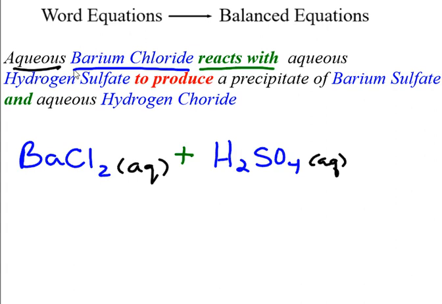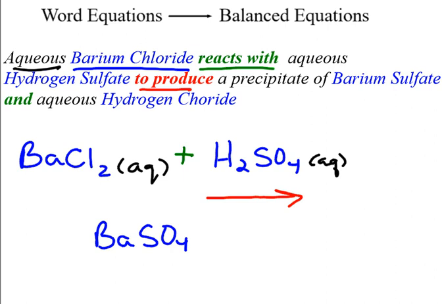It's reacting to produce. When we try to figure out what something's going to make, we draw an arrow. I'm going to apologize for staggering this, but I can only fit this big ink so closely on a page. It's forming a precipitate of barium sulfate. We figured out the formula for barium sulfate to be BaSO4.